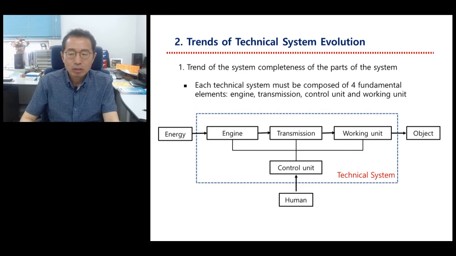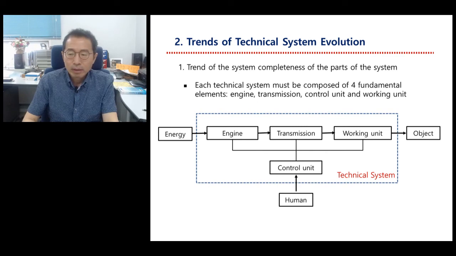A working unit is the part where the system performs the necessary functions for an external object. An engine is the part that converts external energy into the form of energy needed by the system to perform its function. Transmission is the organ that transmits the converted energy from the engine to the working unit.